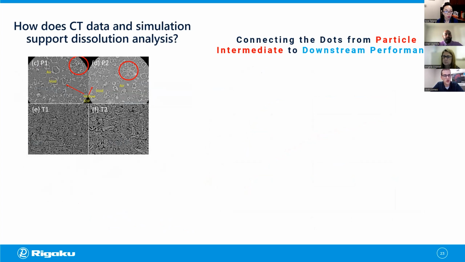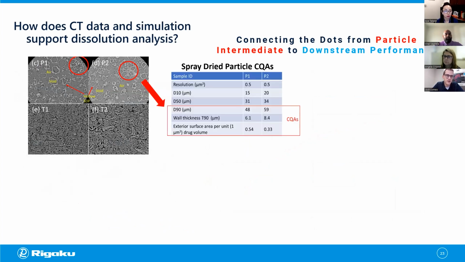So P1, P2, and then T1 and T2, where we've scanned both the powders and their corresponding tablets. And one of the areas on the powder front where SEM and all the other physicochemical techniques kind of failed in seeing any differences, with the XRCT, we could actually see morphological differences in individual particle behavior, as well as the relative clustering of the particles.